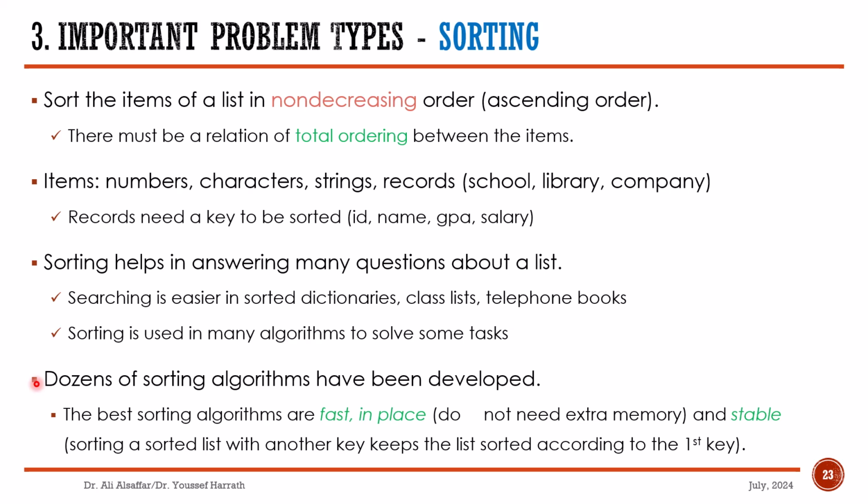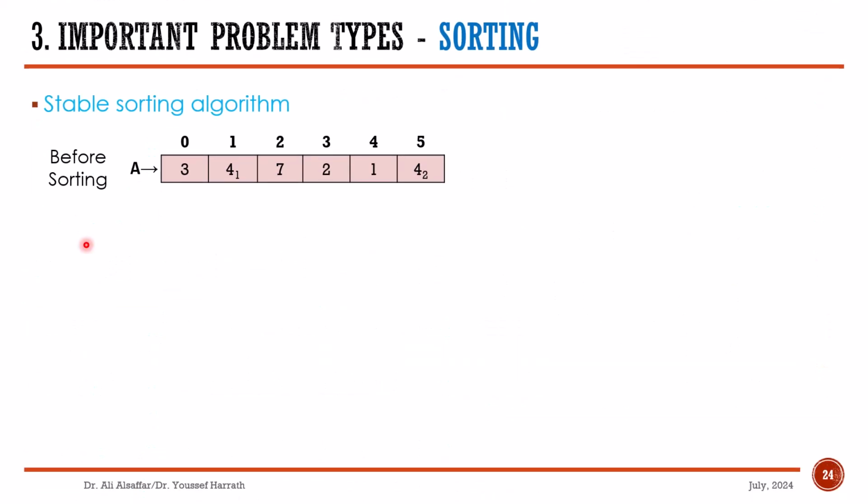Let me show you an example. In this list, we have the numbers 3, 4, 7, 2, 1, 4, where 4 is repeated twice. To differentiate between the two 4s in the list, we label the first 4 by 4, 1 and the second 4 by 4, 2. Observe that in the list, the first 4 comes before the second 4.